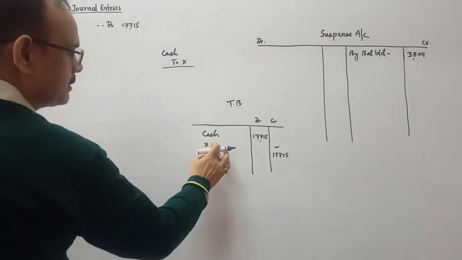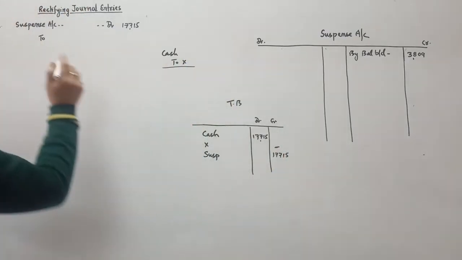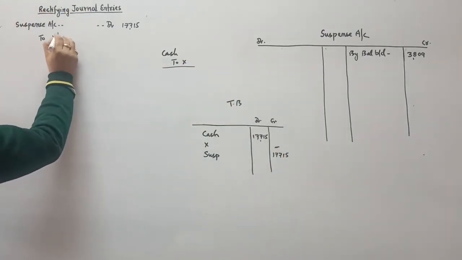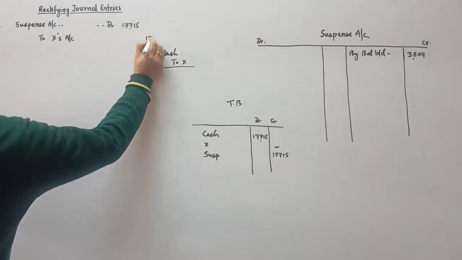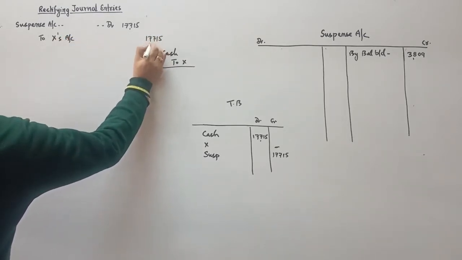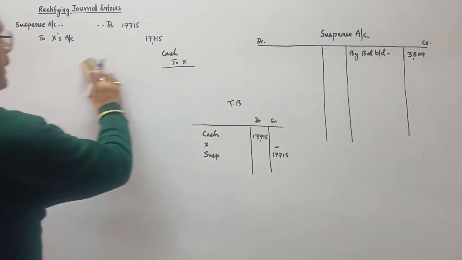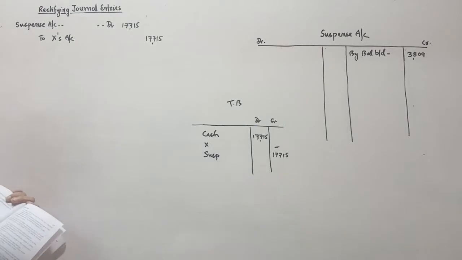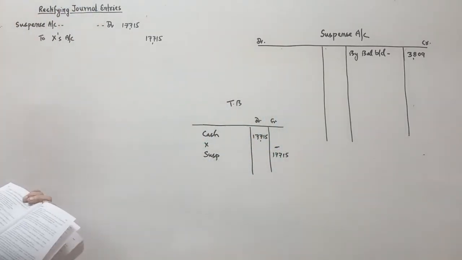In cash account we have not written in the credit side, so we have to write in the ledger of X. So X account will be credited with the 17,715. We have not posted in the credit side.